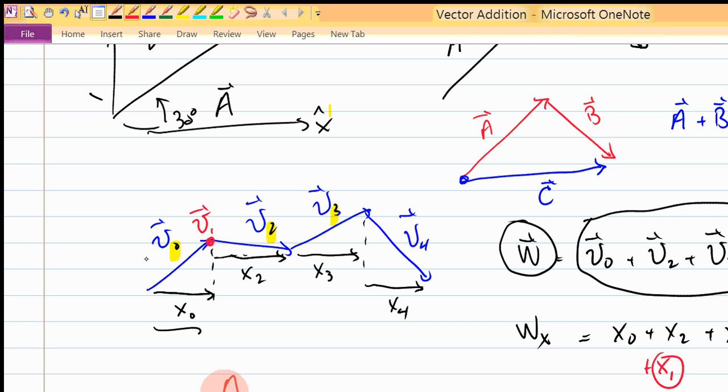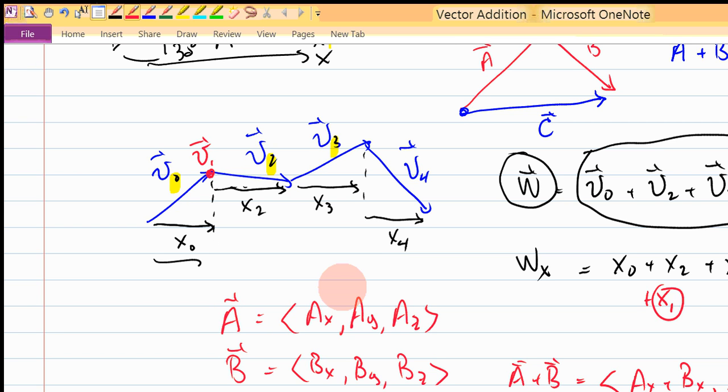If I'm given A equal to AX, AY, and AZ, and I'm given the components of B equal to BX, BY, and BZ, then the sum A plus B I could write as AX plus BX for the x component, AY plus BY for the y component, AZ plus BZ for the z component.